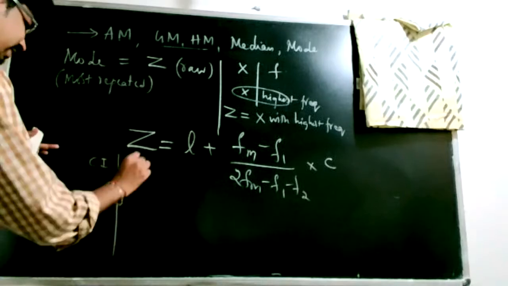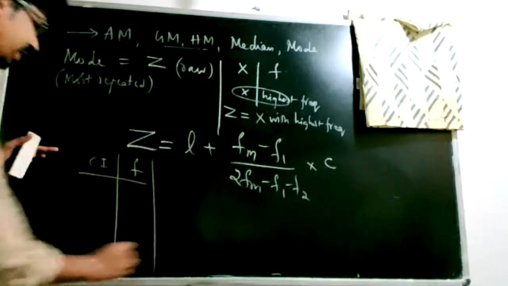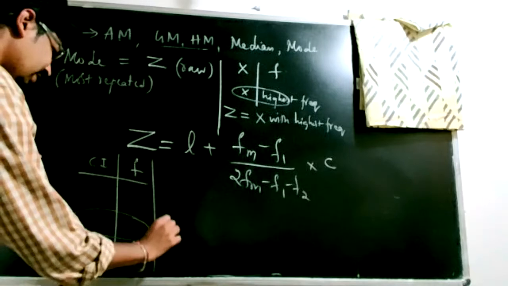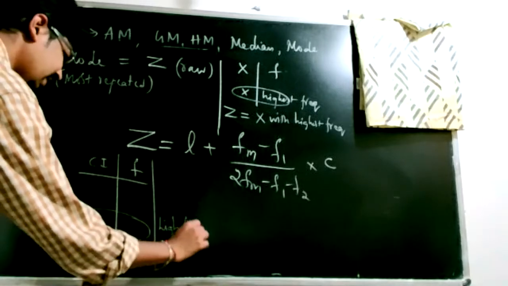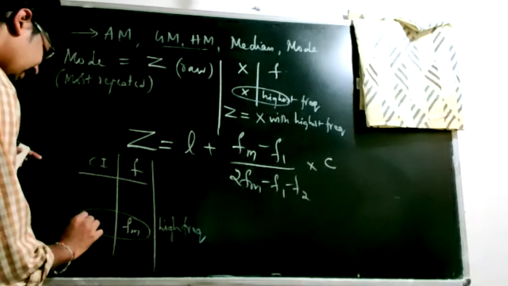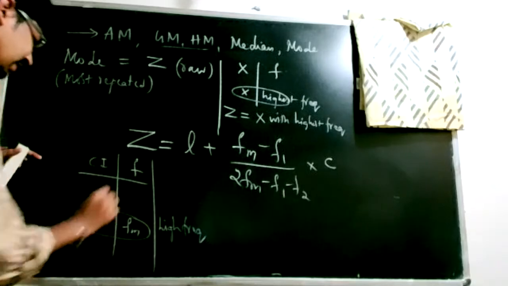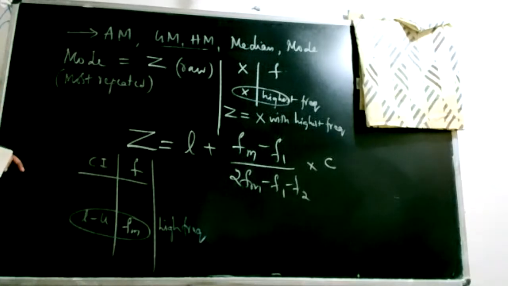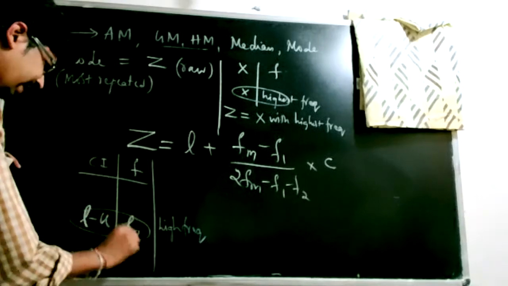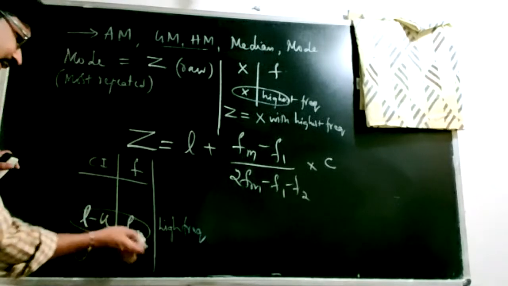So we have class interval, we have frequency, and the most repeated value will have the highest frequency. So we take the highest frequency and call it Fm, and the respective class interval, lower limit and upper limit, gives you that. So you have the value of L, the lower limit, and Fm indicates the highest frequency.